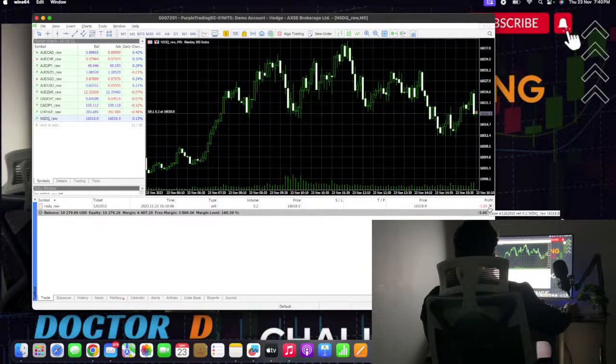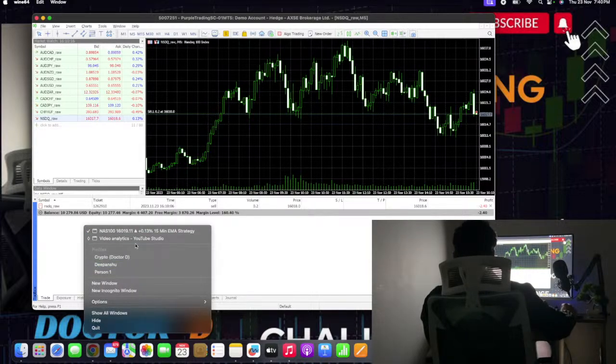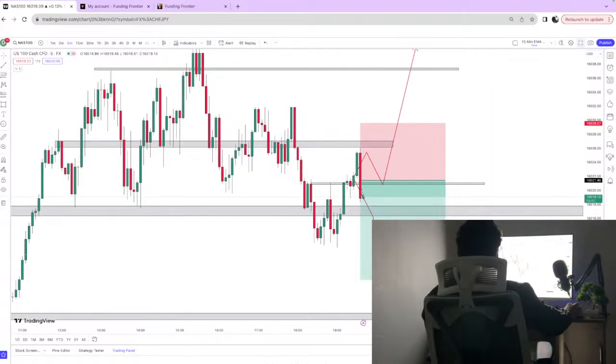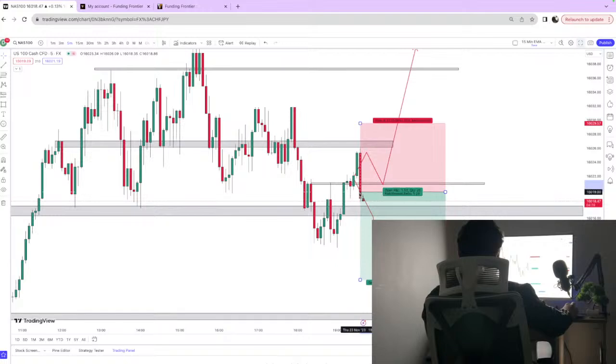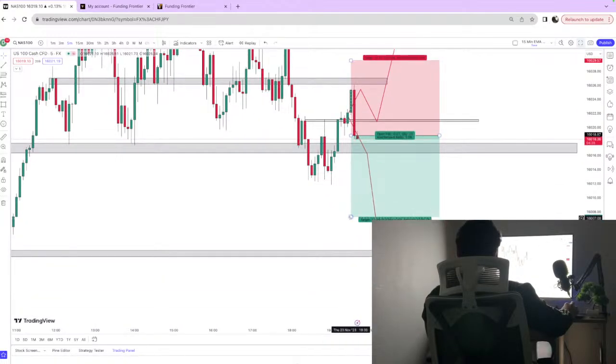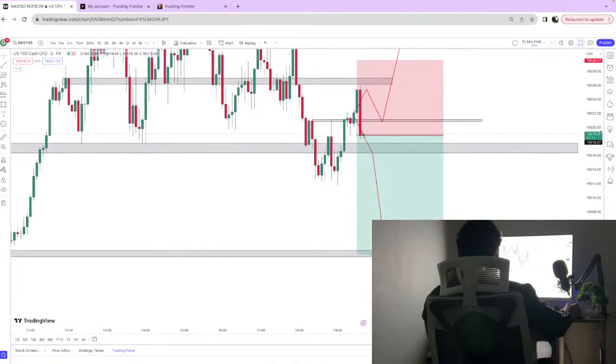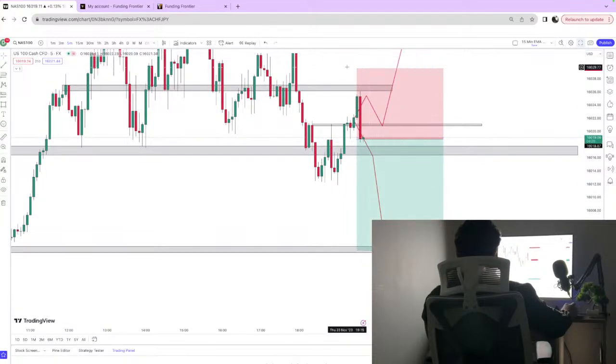See, my order is placed, right? Let's see on the chart what's the situation. Yeah, so this is the entry, okay, and this will be the target, and this will be the stop loss. It's almost 1 is to 1.6.